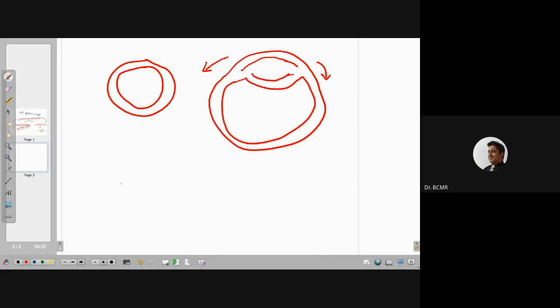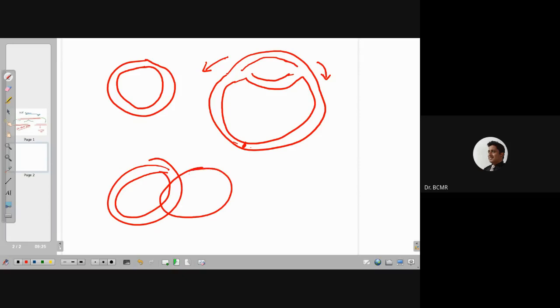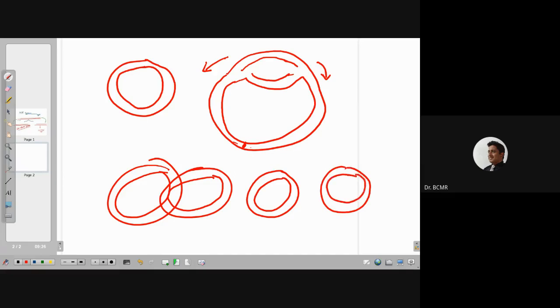Eventually they will meet at this place, and they will just form two circles that are interlinked, which will be resolved by topoisomerases, leading to formation of two separate or independent DNA molecules like this. So for circular DNA molecules, there is no end replication problem.